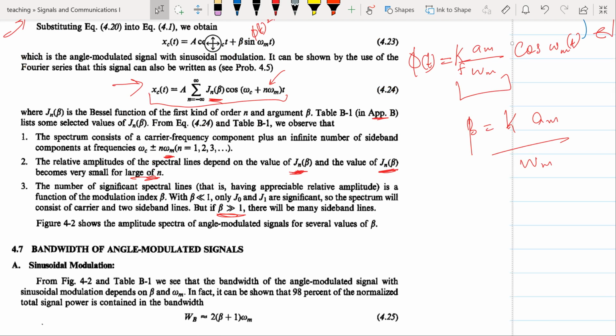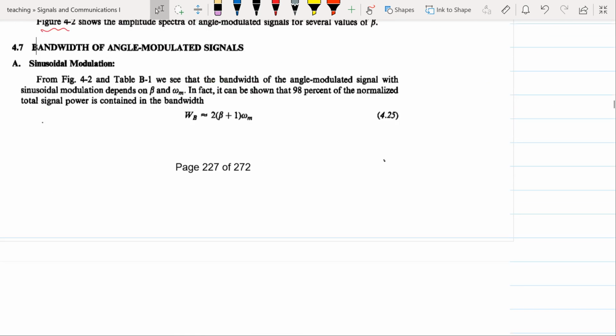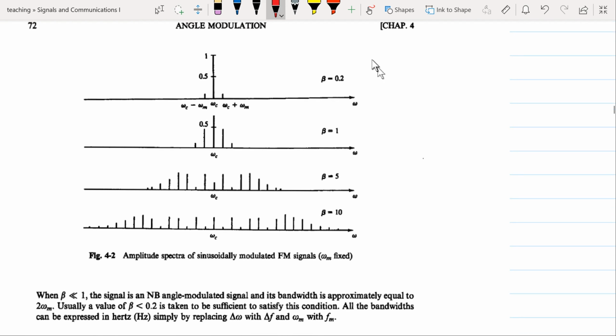As we see in figure 4.2, the amplitude spectra of angle-modulated signals have several values of beta. For the smaller values of beta, we only have two sidebands, one on the left and one on the right, and as beta increases, you have very many sidebands developing, as illustrated in figure 4.2.